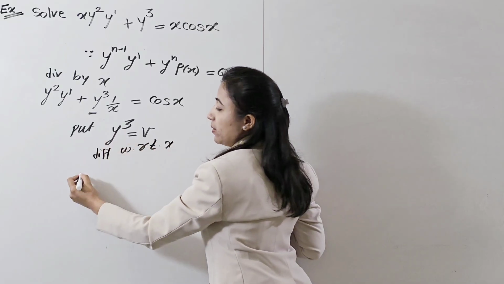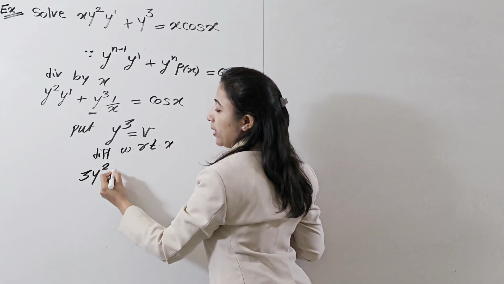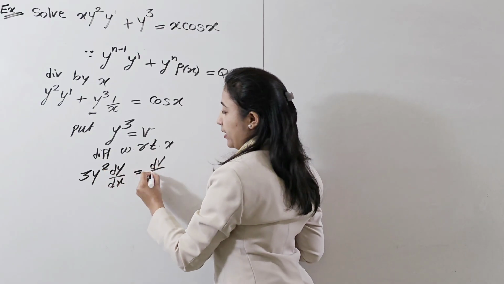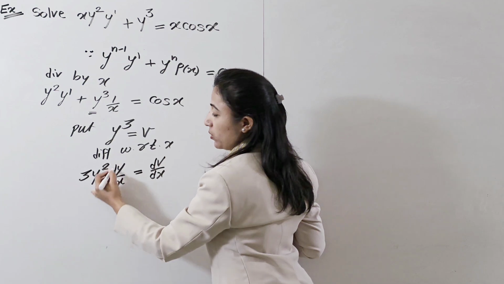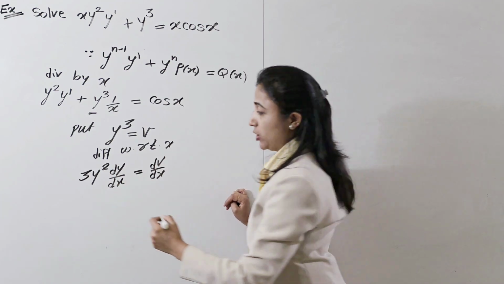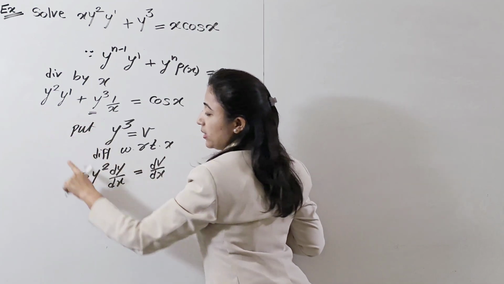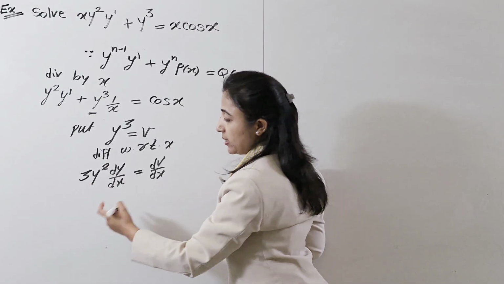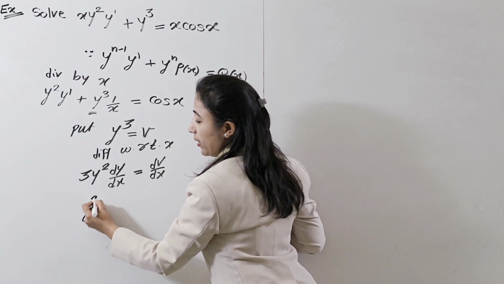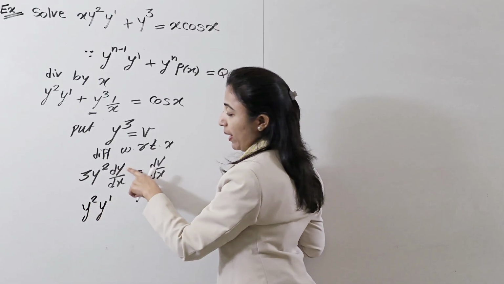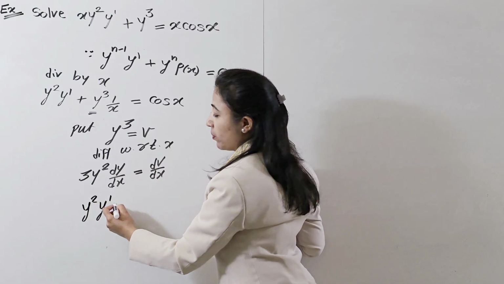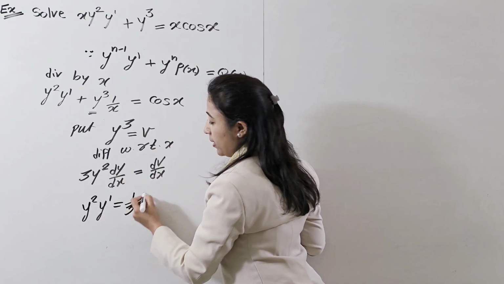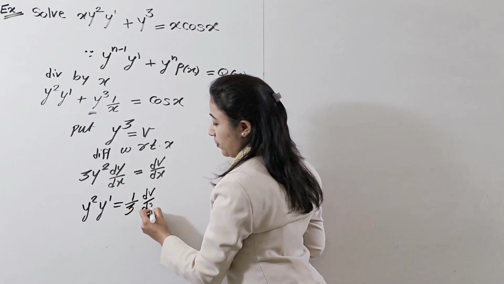So the derivative of this term is 3y square into dy by dx equals dv by dx. This term is nothing but our y dash, and in the first term there is no 3, so you have to divide by 3. So shift this 3 to the right hand side, and you get y square y dash, where dy by dx is y dash, equals 1 upon 3 dv by dx.